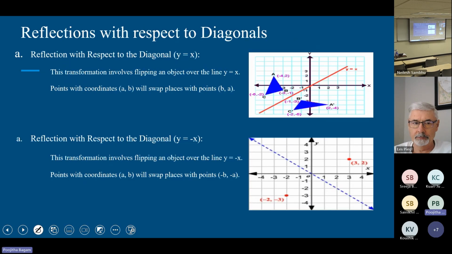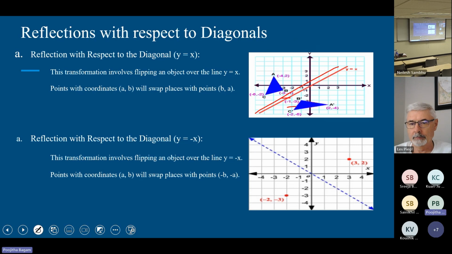Coming to reflections with respect to diagonals, there are two cases: reflection with respect to the diagonal y equals x, and reflection with respect to the diagonal y equals minus x. In the first case, this transformation involves flipping an object over the line y equals x, so points with coordinates (a, b) will swap places with points (b, a).